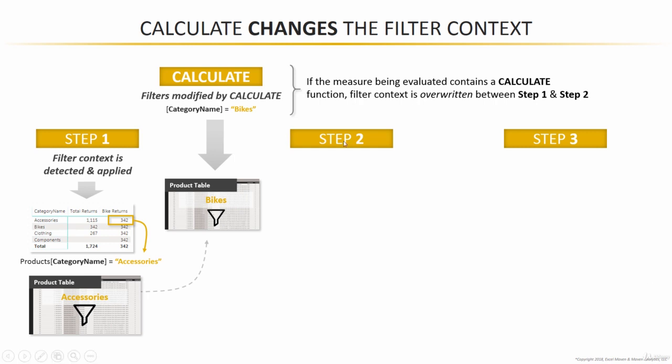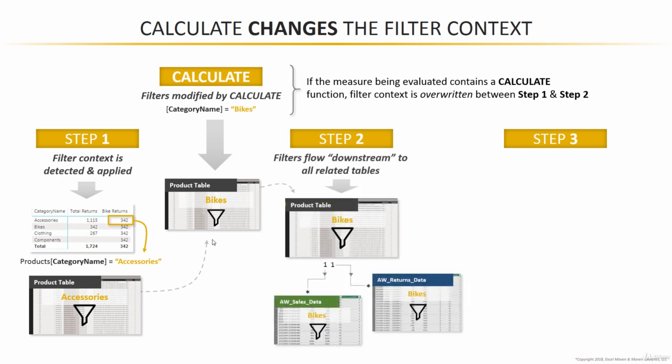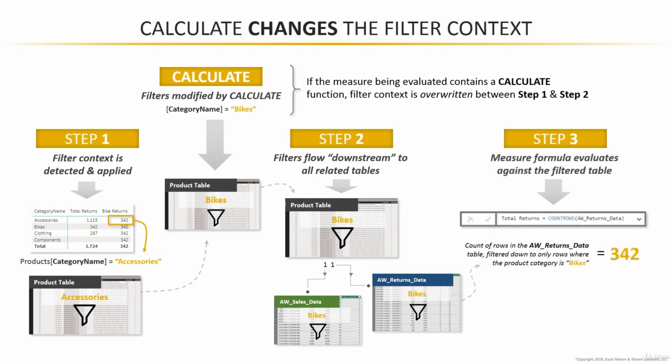So what's happening is that even though we originally filtered down that product table to accessories, between step 1 and 2, the calculate function butts in and says, nope, we're actually going to filter based on category name equals bikes. And then that new filter context passes over to step 2, and the process continues as it normally would. So now the filter context is for product rows where the category equals bikes, and that context passes to any downstream connected data tables, and from there, the measure is evaluated.